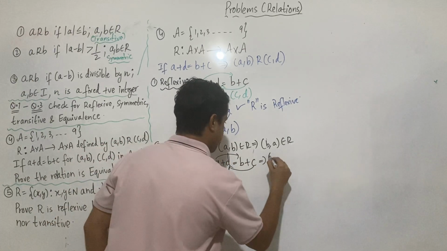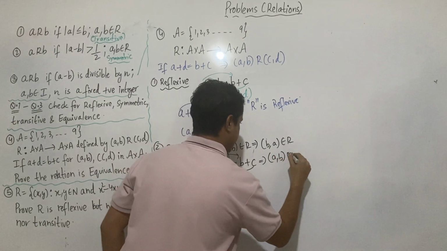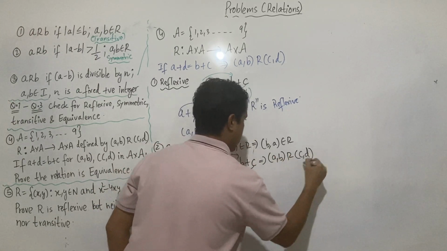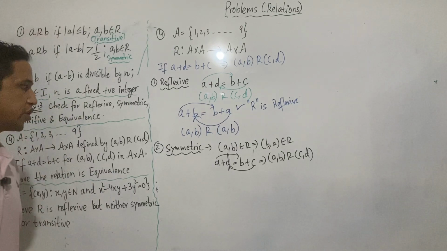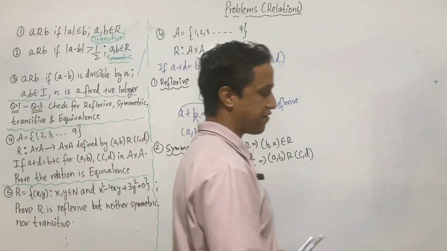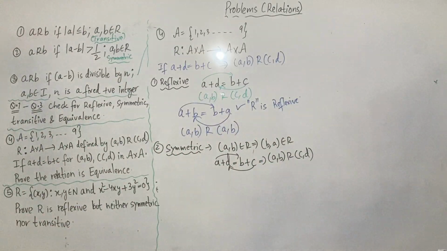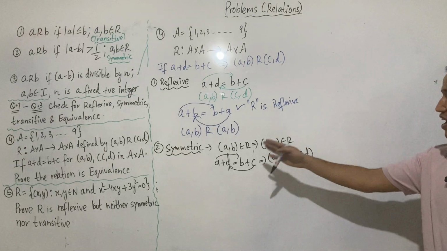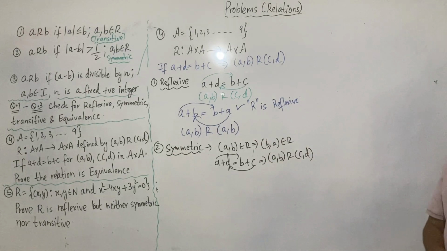This is according to what's given in the question. But in symmetric, we have to prove that if AB is in the relation, then BA must also be in the relation.